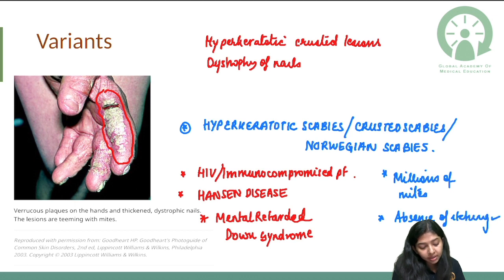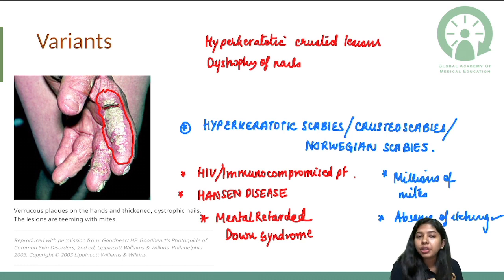Why? Because patients of HIV will not have an immune response to the mite. They are immunocompromised, immunosuppressed, right? So the patient is not going to itch because there is a lack of immune response, and hence the mite is not going to dislodge when the patient is itching. So the patient is going to have millions of mites. Hansen's disease, there is sensory impairment. Again, the patient is not going to itch, and he will land up having hyperkeratotic scabies.